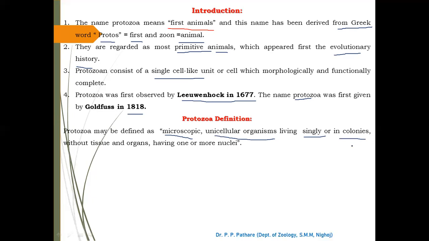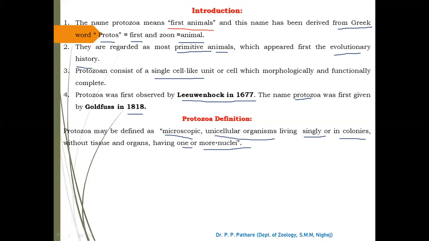And next important thing, these organisms show no tissues and organs. It is a single cell without any tissue and organs, having one or two nuclei. This cell having one or two nuclei is called protozoa.